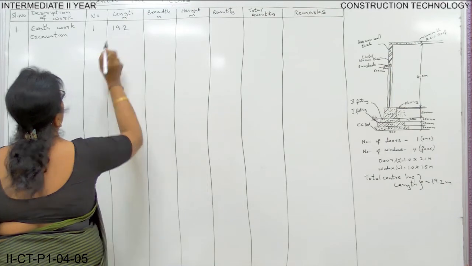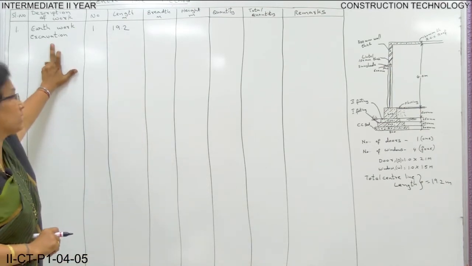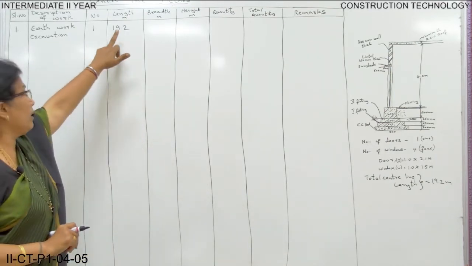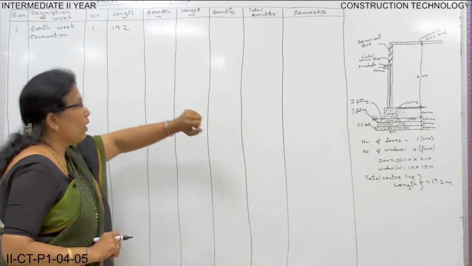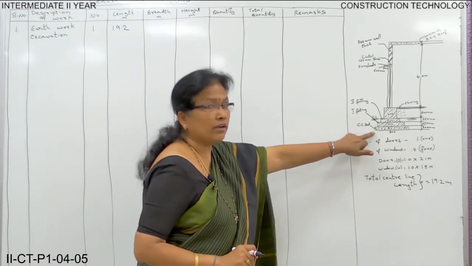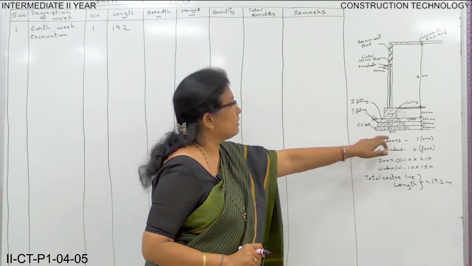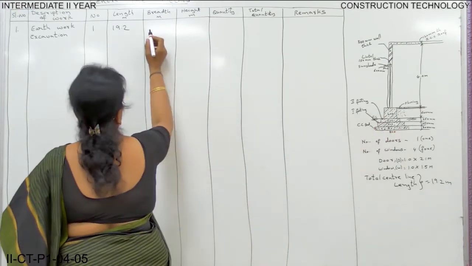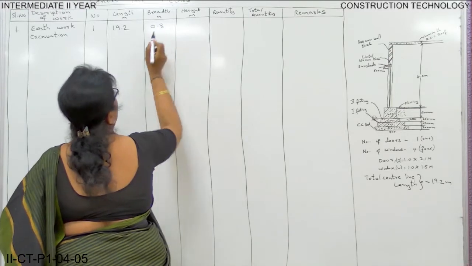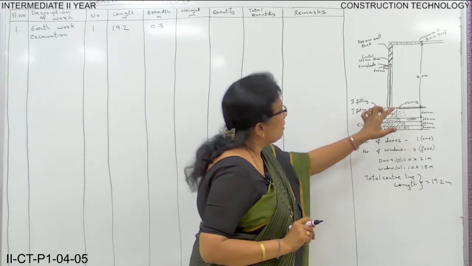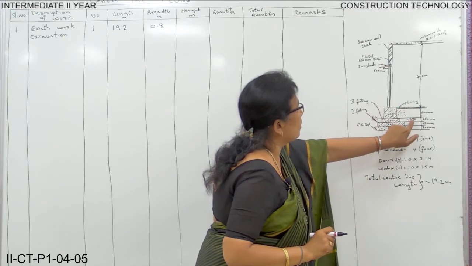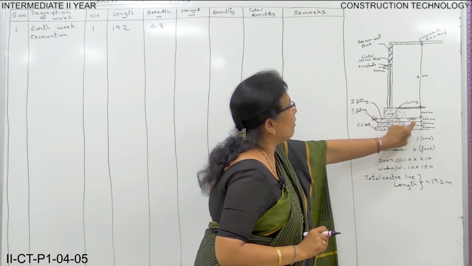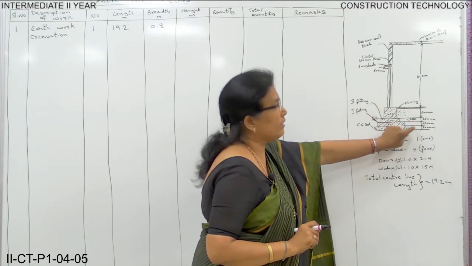The first item is earthwork excavation for foundation. Number is 1, length is 19.2, and breadth you have to take from the section. That is, the breadth is how much? 800 mm. When you convert that to meters, it is 0.8 meters. And for the height, below the ground level you have to excavate the earth.